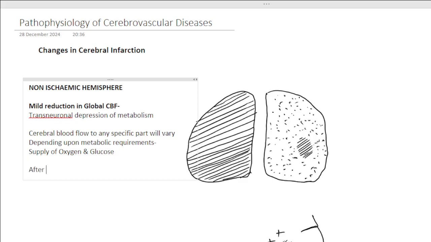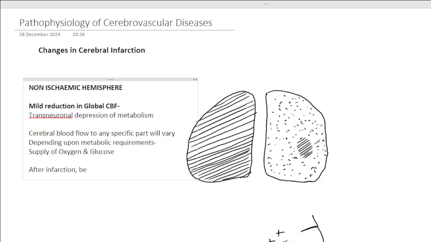Till now we have been seeing only the normal lobe, the unaffected lobe. So after infarction, what is happening? Between areas of reduced blood flow, just a minute.